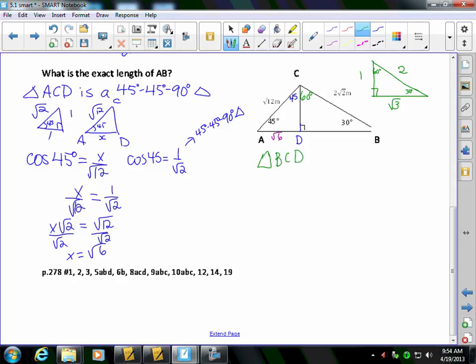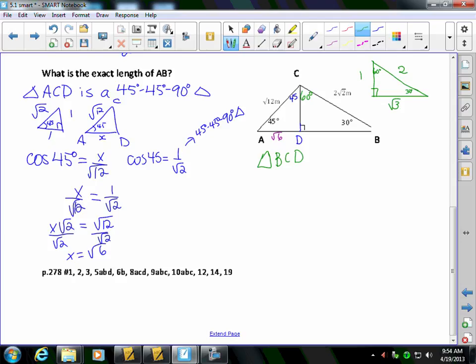The triangle BCD. Yes, this side is square root 6 here also.